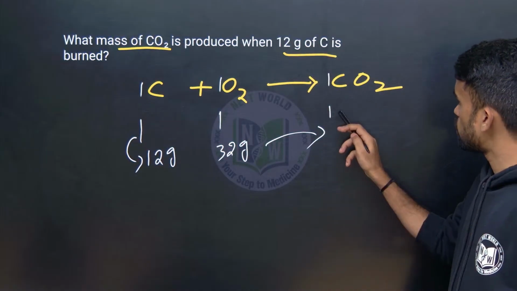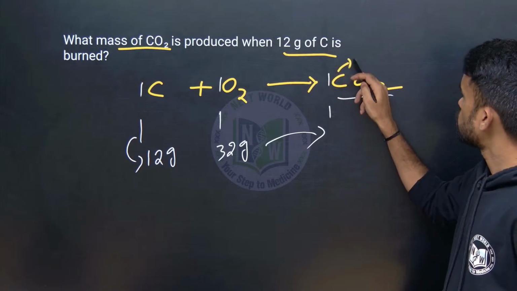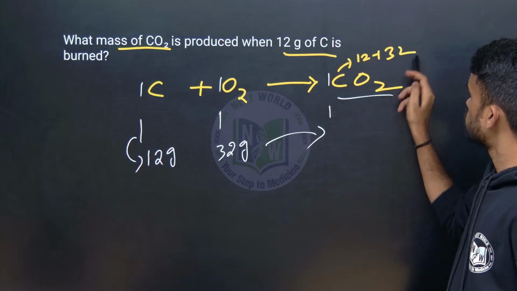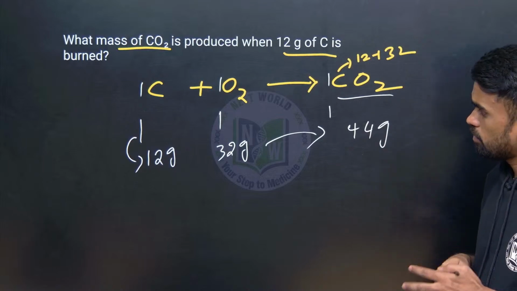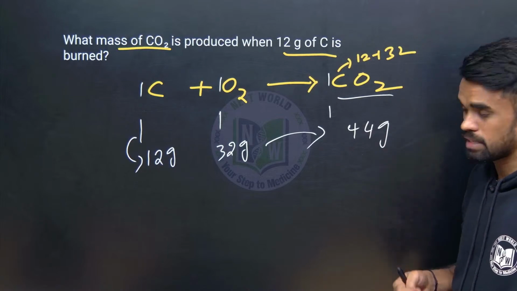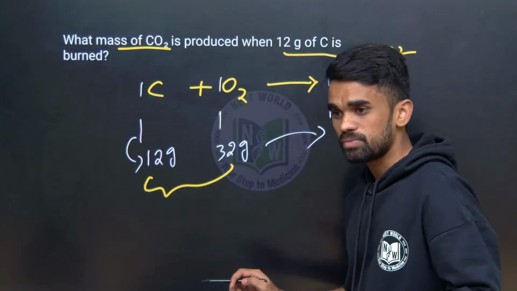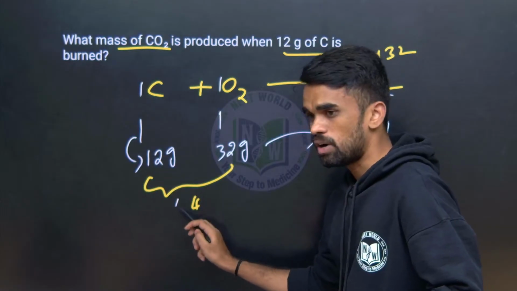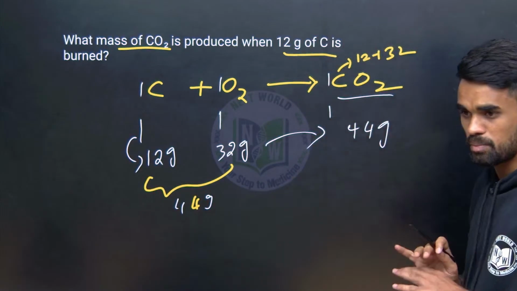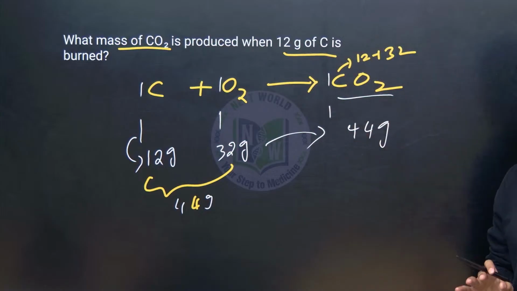So 1 mole of CO2 means what is its molar mass? 12 plus 32, 44 grams. That's it, your answer. Or if you want to cross check it, we know law of conservation of mass now. So reactant side how much mass we have? 12 plus 32, 44. So reactant side and product side mass is same. So our reaction and everything is going correct only. Is that clear or not? Yeah.